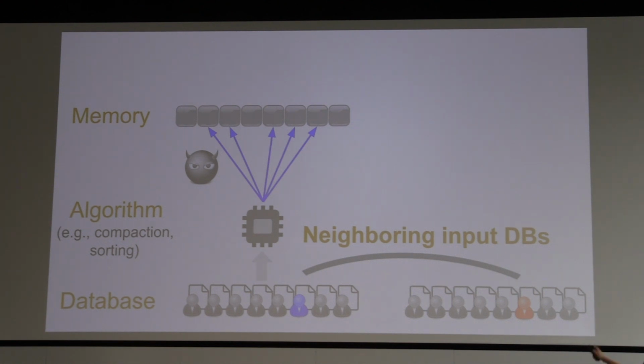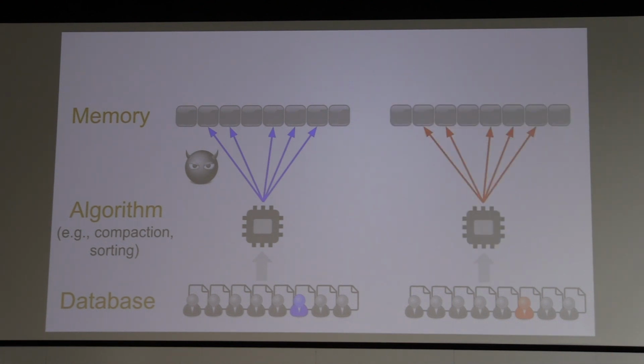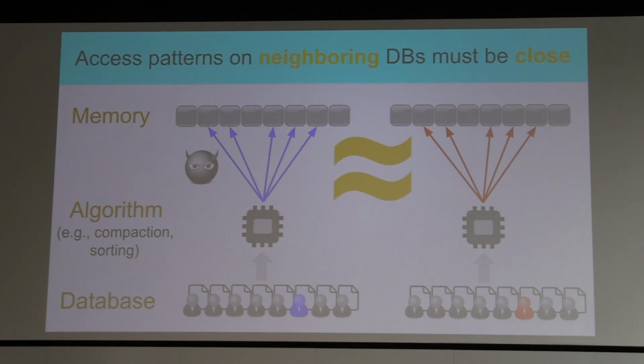Now I'm going to run the same algorithm on this neighboring database, and I incur another set of access patterns, basically the red distribution. Now, we say that the algorithm preserves differential obliviousness if the blue access pattern distribution is close to the red distribution. And this needs to hold for any two neighboring databases.